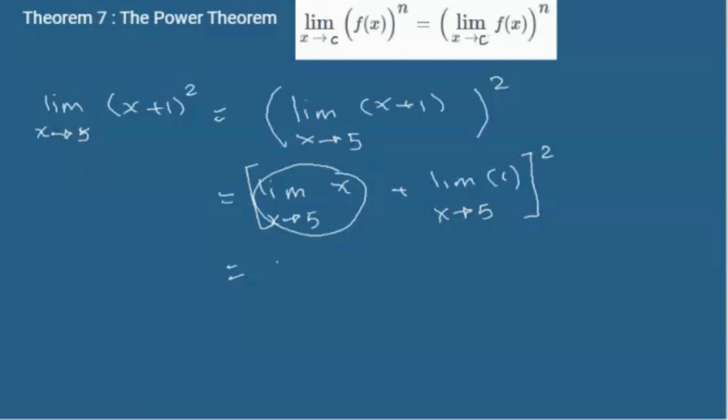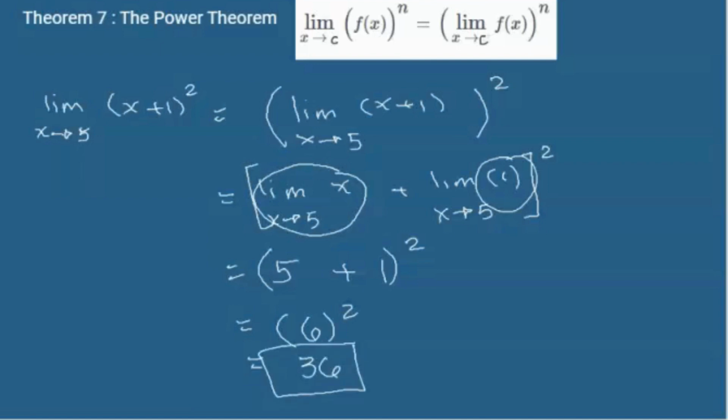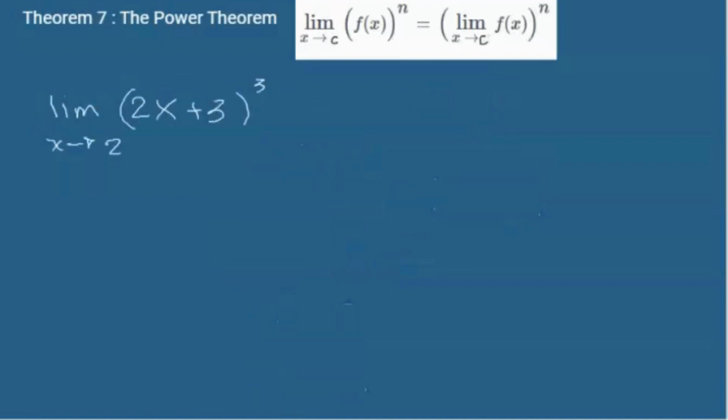So this is equal to 5 plus, and this is a constant, limit of a constant, so that's 1. And this is raised to the power of 2. So 5 plus 1 is 6 squared. So therefore, the answer to this limit is 36. Another example, the limit of the cube of 2x plus 3 as x approaches 2.